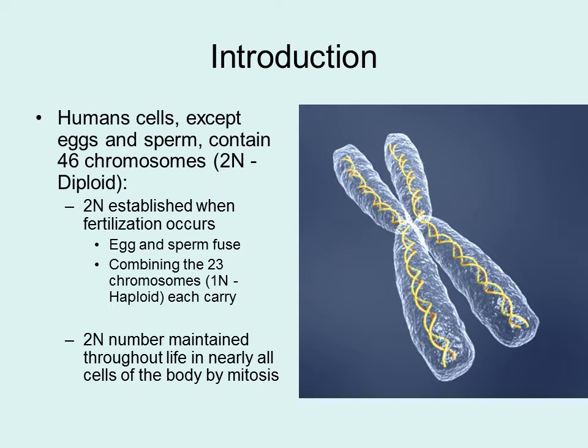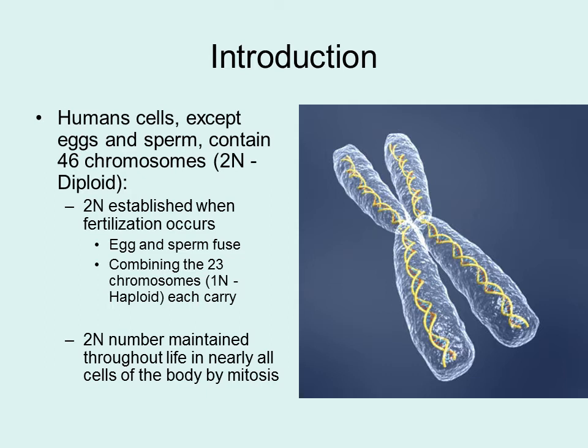The egg and the sperm each have 23 chromosomes, so they would be classified as haploid or 1N, meaning they only have one copy of it. When fertilization occurs, the egg and the sperm will fuse together, and so the chromosomes of each now combine in the new nucleus.